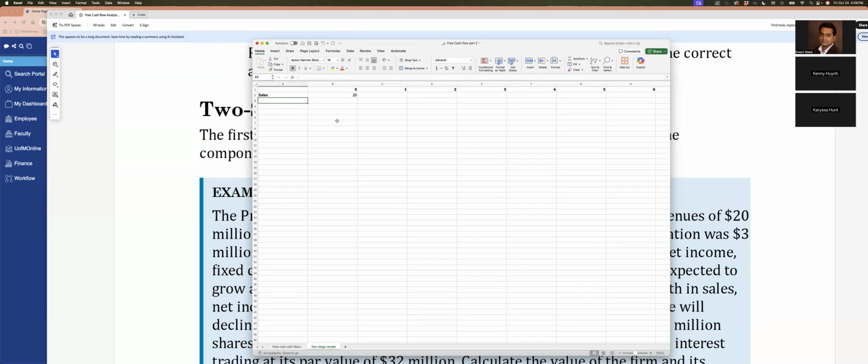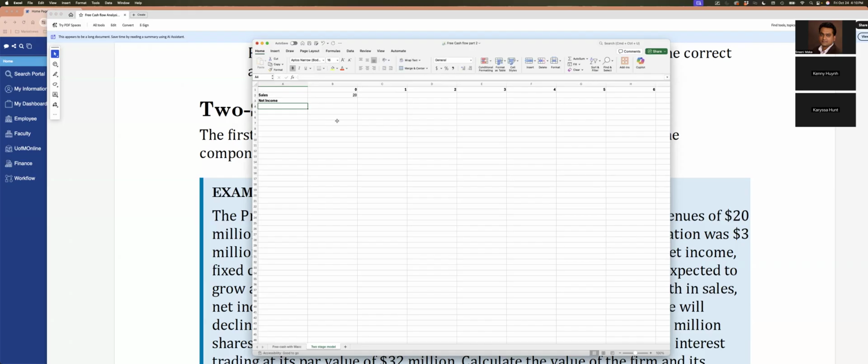You know the formula for free cash flow for firm is net income plus depreciation, NCC, non-cash charges, which is depreciation, plus interest times 1 minus T, minus fixed costs, minus working capital. That simply gives you free cash flow for firm. If you remember right, net income is a profit margin.